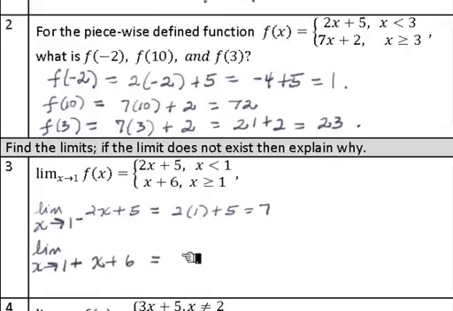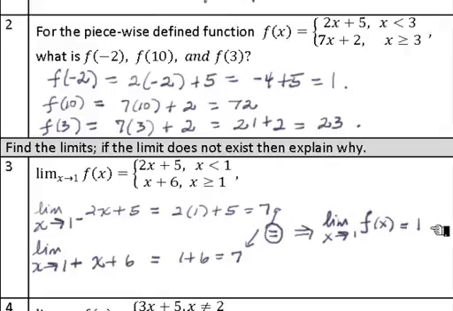Just substitute in. And then we just say that these are equal. This is a shorthand way of doing it. These are equal. Therefore, the limit as x goes to 1 of f of x exists.